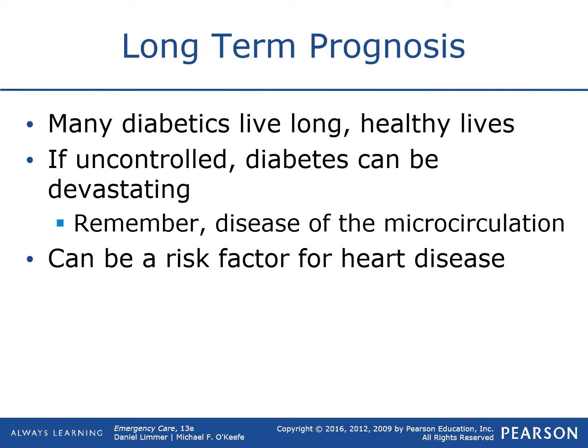Remember, like I said at the start, diabetes is seen as a disease of the microcirculation, because if we have high levels of blood sugar because we can't get the insulin to move the blood sugar into our cells, then we won't be able to move our blood through our microcirculation, our capillaries, and if we can't do that, we become very necrotic, which will lead to amputations. So it can be a very devastating disease if left uncontrolled.